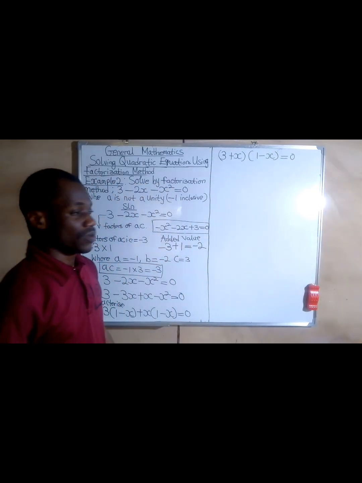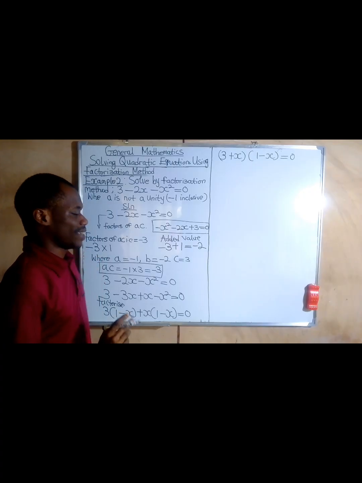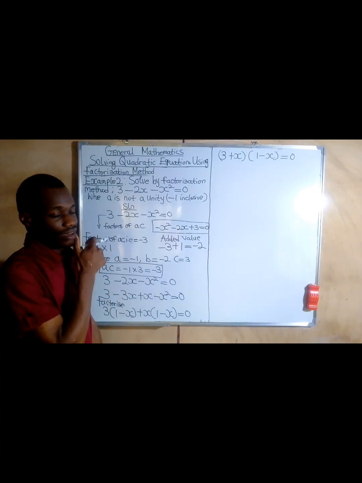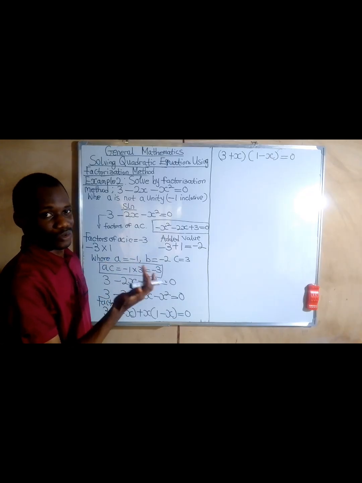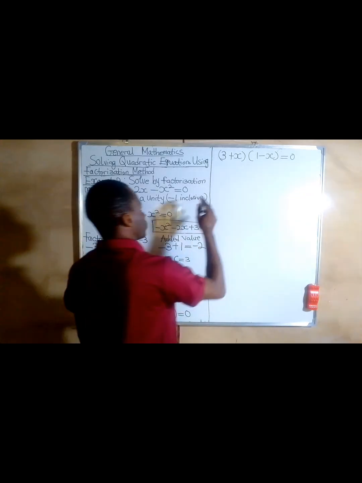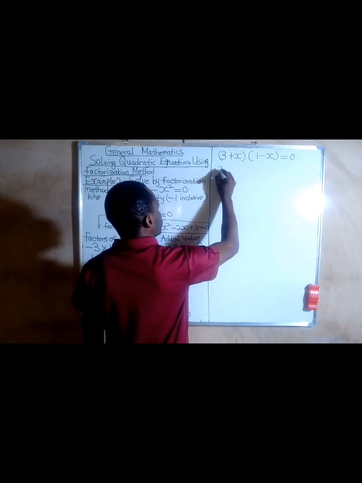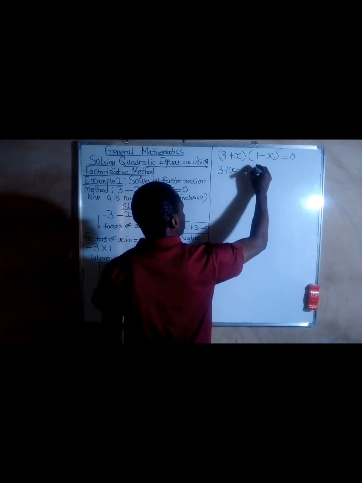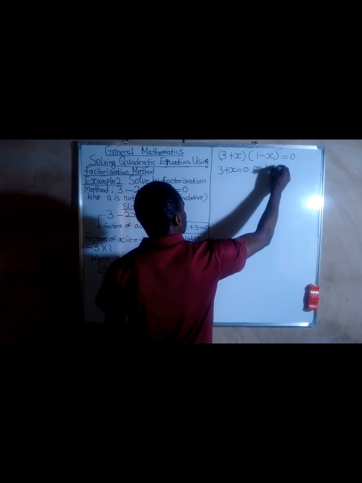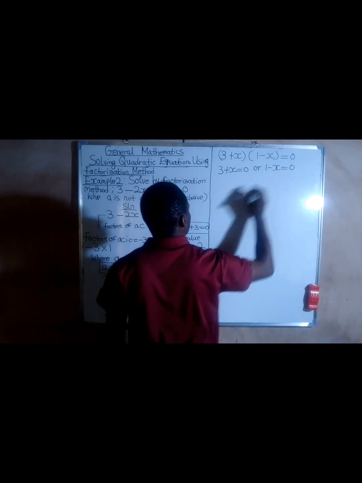And always note, a quadratic equation will give you 2 answers, just like we had in our first video. That's x equal to 2 and 3, something like that. That was all we got. Now this will be 3 plus x equal to 0, or 1 minus x equal to what? 0.